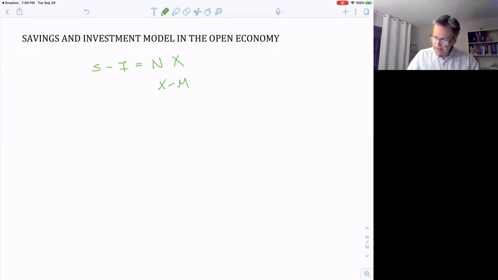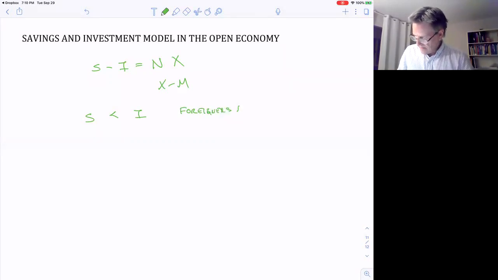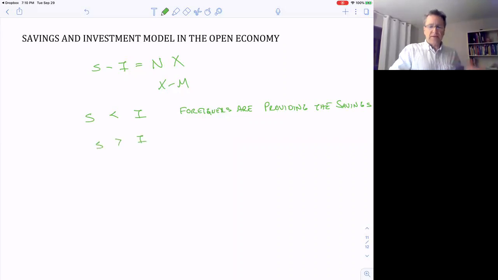So what it means is that if savings is less than investment in the economy, then foreigners are providing the savings, so that savings and investment will be equal. And the other way around, if savings is greater than investment, then this country is providing the savings to other countries.